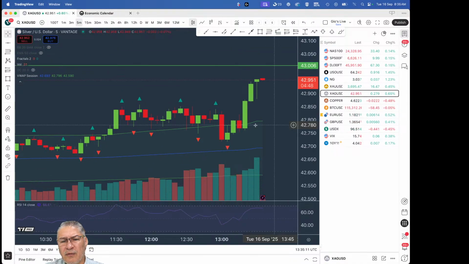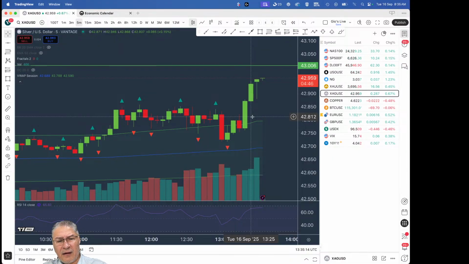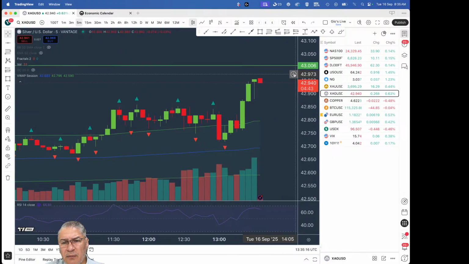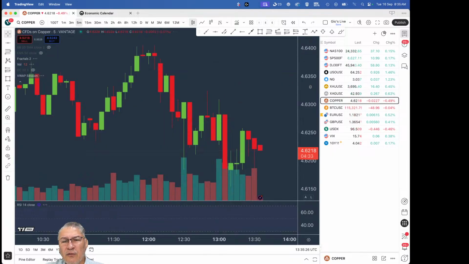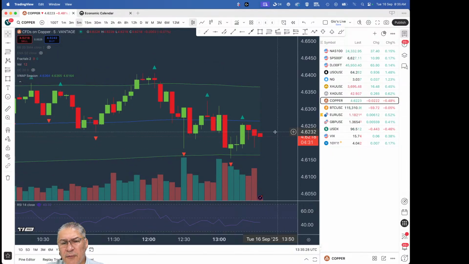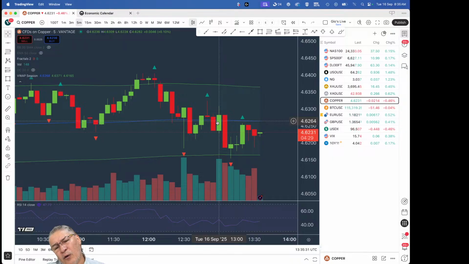Silver is completely out, has fluctuated outside the VWAP, so $43 continues to be our target, even though we did open gap up, it has been closed, fluctuation lower, profit taken, but overall looking for a push higher. Copper is on the lower end of the VWAP. So initially we did find a rebound off the lower band and a rejection of the VWAP. So let's see if we are able to again close above the VWAP and then enter long that trade.